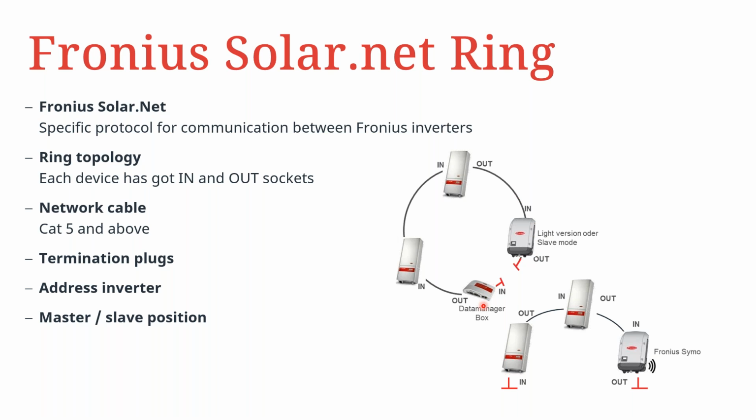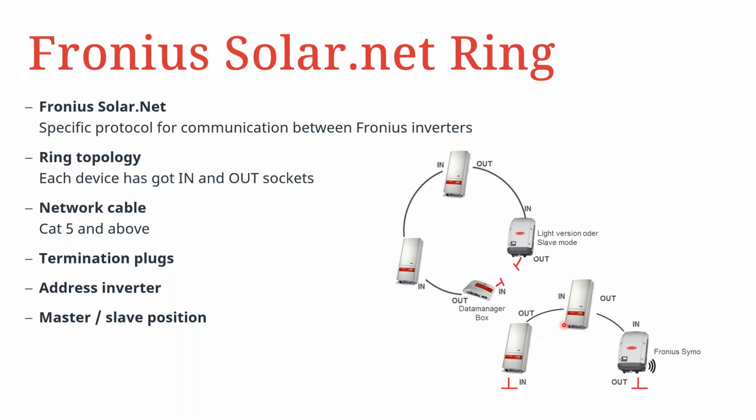So you can either have a data manager box, which serves as the communication medium, and then have a ring topology of even older Fronius devices. This is an IG inverter, of course, with a Fronius light inverter, as you can see in this case. Or we can have a full version of Fronius Snap Inverter, otherwise called the Fronius with the integrated data manager, and then have a complete loop.